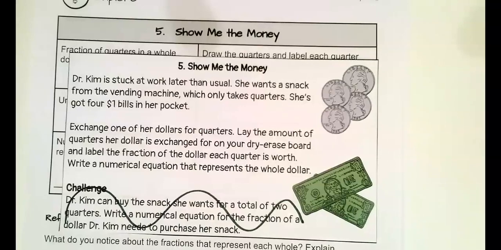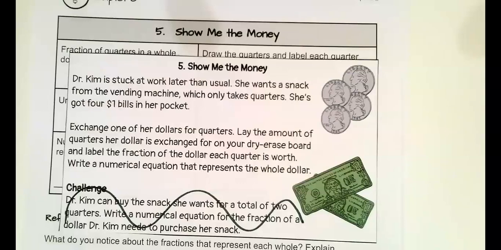She exchanges one of her dollars for quarters. Lay out the amount of quarters her dollar is exchanged for on your dry erase board. And write the fraction of the dollar each quarter is worth. Write a numerical equation that represents the whole dollar.